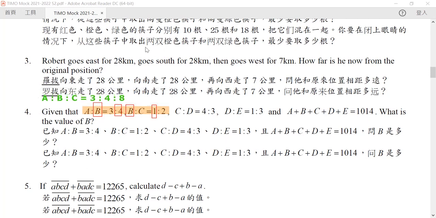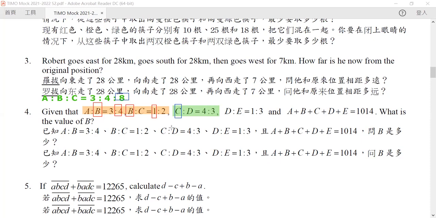So by this, we can now use this and the next equation to form a new equation. Again, this common method is to find the common value for the common factor, which is our C. So we know that in here A, B, C is 3, 4, 8, and C to D is 4 to 3.